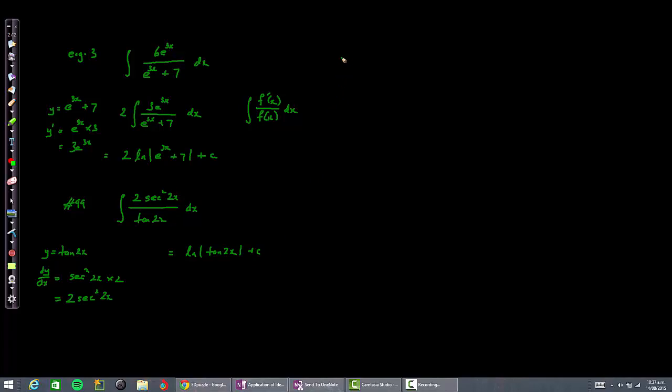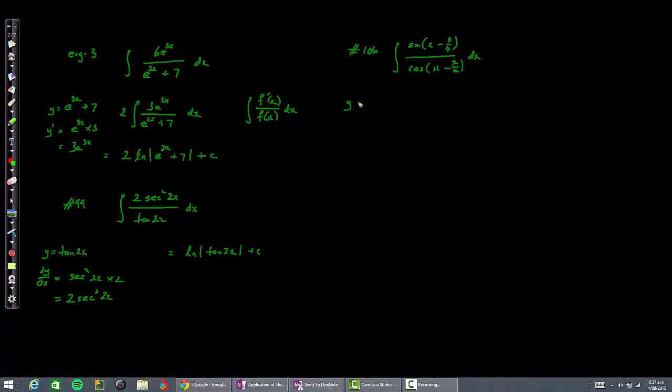Okay, let's do one more example. Let's take a look at question number 106. Once again, another one that may look a little daunting to begin with. We've got the sine of x minus pi over 4 on top, and the cosine of x minus pi over 4 on the bottom.